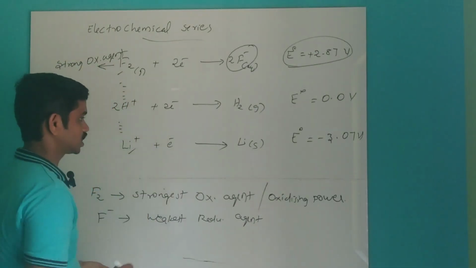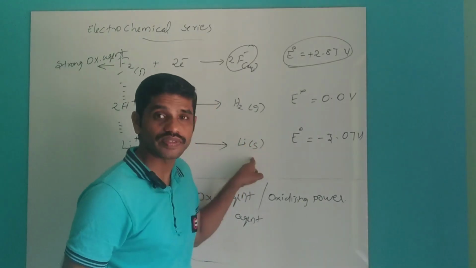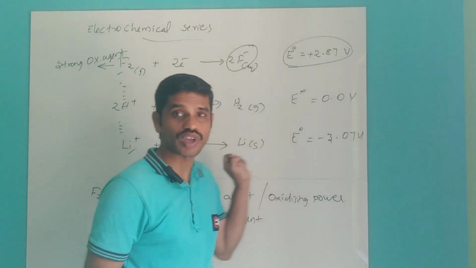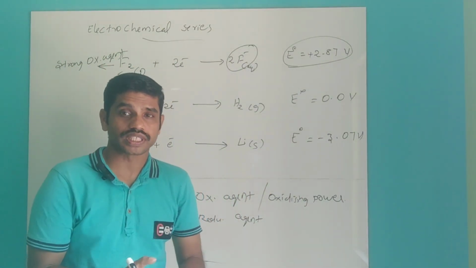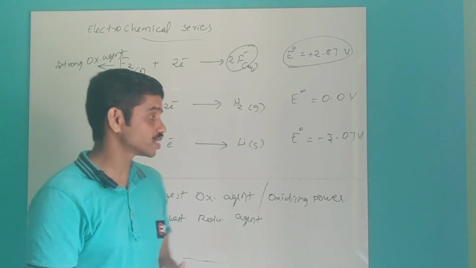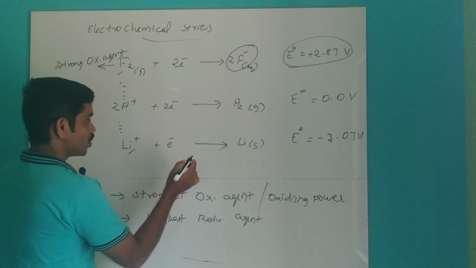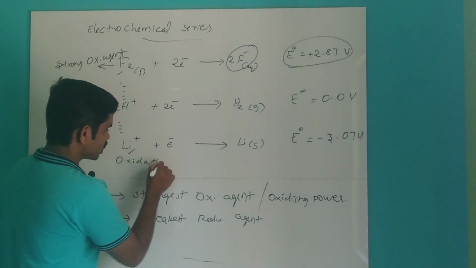Similarly, Li plus when becoming lithium atom, when it undergoes reduction, it has a minus value. Negative means it doesn't want to undergo reduction, but it wants to undergo oxidation.